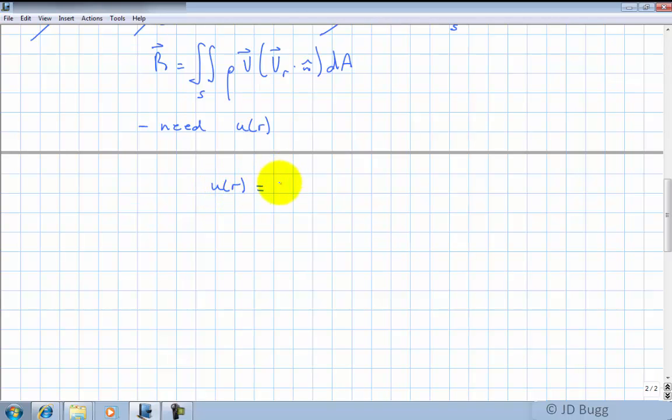So the way I'm going to write this down to get started, u will be uc, the center line velocity, times 1 minus r divided by R. So what is this? Well, uc is the center line velocity, and big R here is the radius of the pipe.